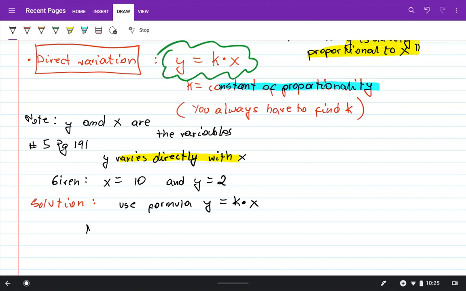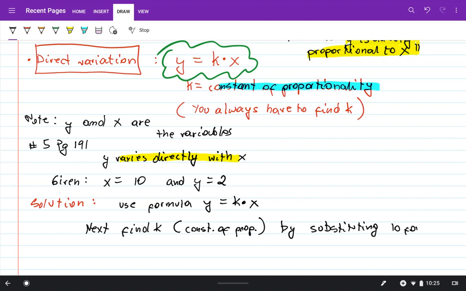So next, what you need to do is find k, which is the constant of proportionality, by substituting 10 for x and 2 for y.